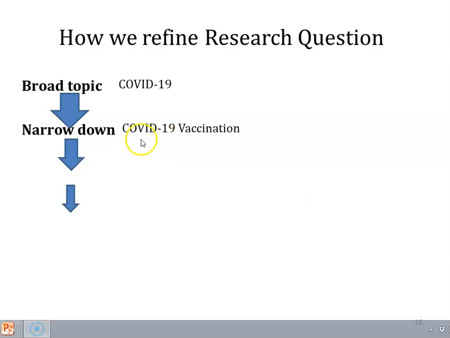Even you see, this COVID-19 vaccination may have many topics in it. Side effects of COVID-19 vaccine, or it may be utilization of COVID-19 vaccine. And so this is again a broad topic, and I have to make it more specific.